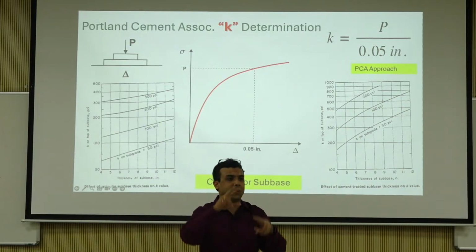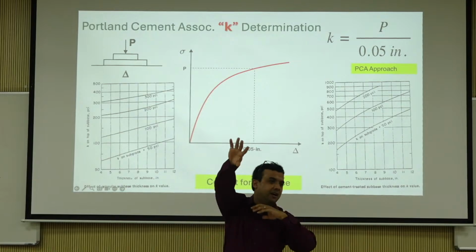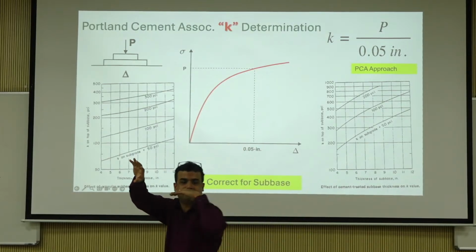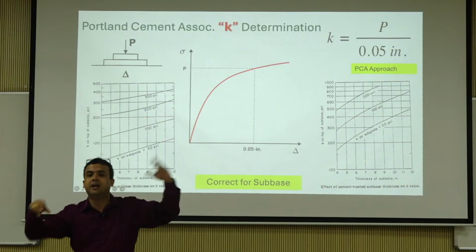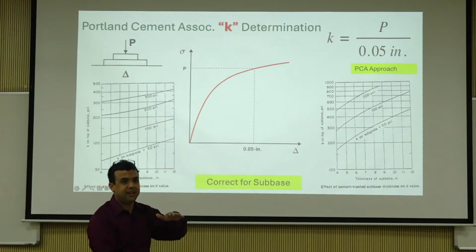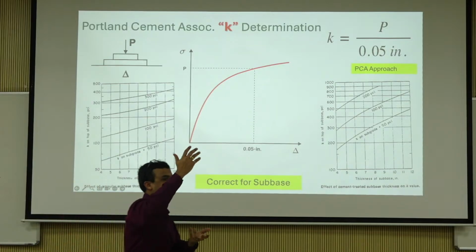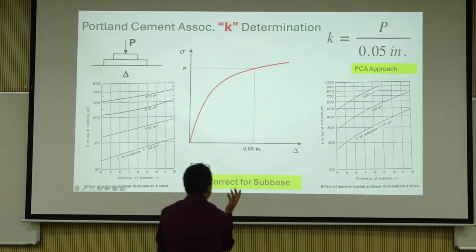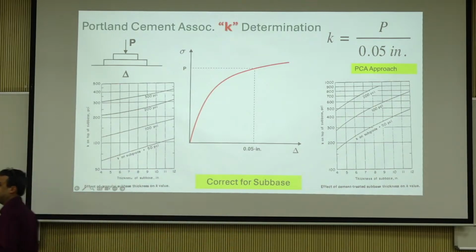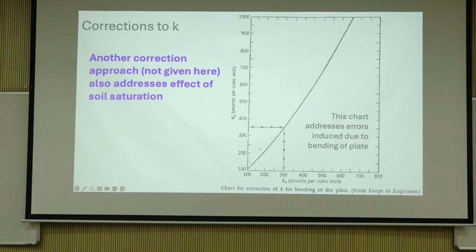So there are two ways to measure, right? One is fix the stress, target stress, then measure the corresponding deflection. Here they are fixing the deflection and measuring the corresponding stress. Which one it is, it doesn't really matter. You just need to know what you're trying to do.